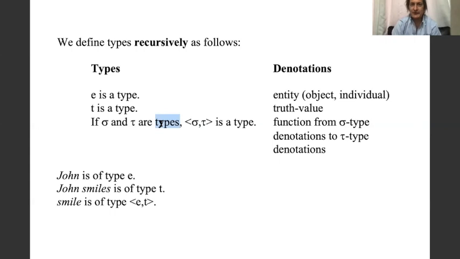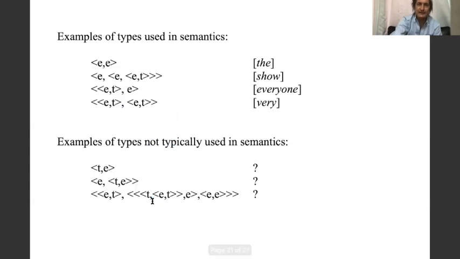You can think of the definition as saying put A and B together into C, where C can then act just like A and go together with something else in the same way. So just like we can take E and T and put them together into type ET, we can also take that same ET that we just produced and put it together with E to get a type like ETE.